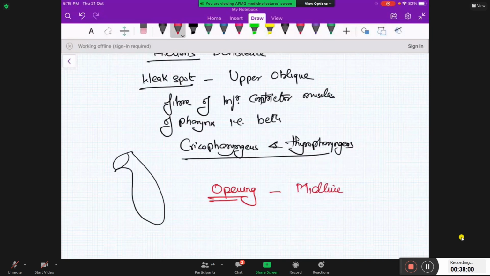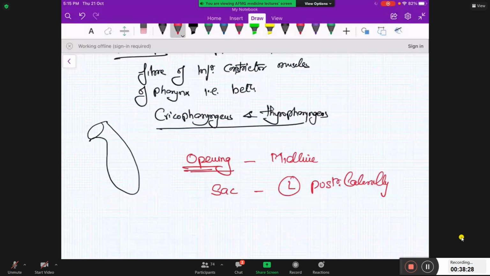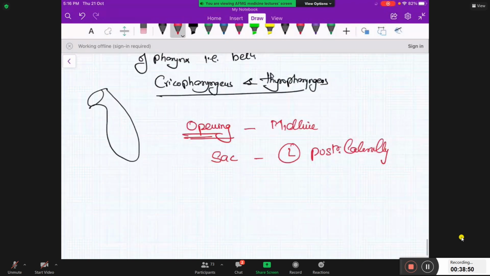This outpouching is happening in the upper oblique fibers of the inferior constrictor muscles of pharynx, between cricopharyngeus and thyropharyngeus muscle, and the opening of this diverticulum is always in the midline, while the sac of this diverticulum lies left posterolaterally, right? So these are the important points here.